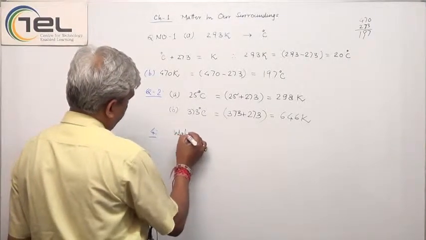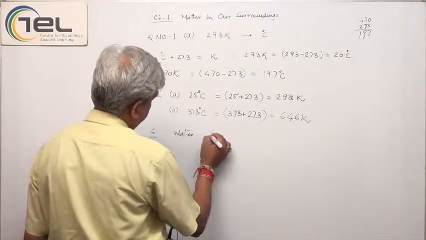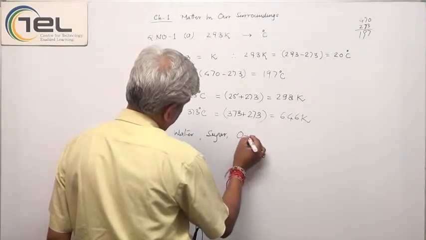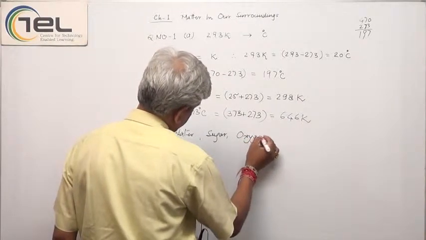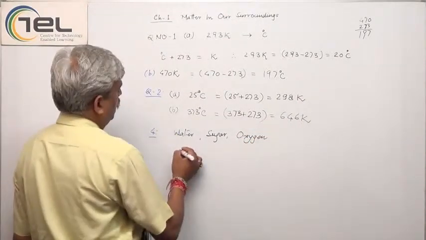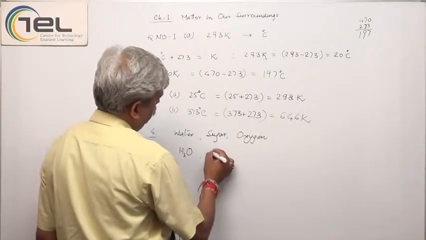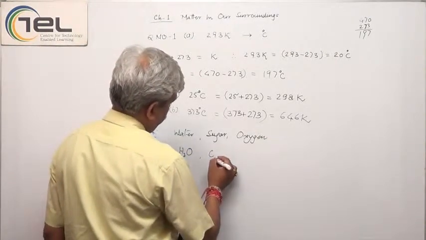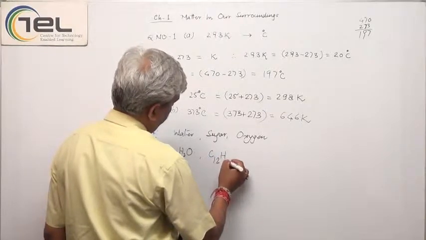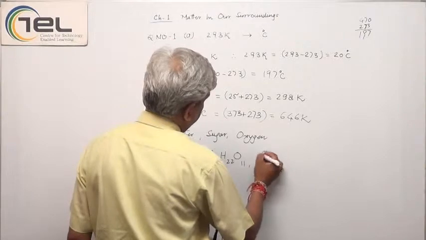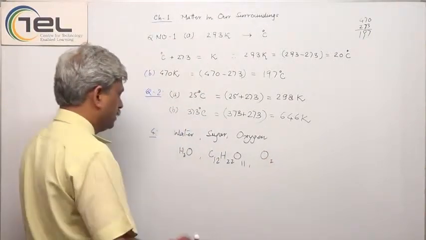One is water, one is sugar and one is oxygen. Water, you know, chemically it is H2O, sugar is C12H22O11 and oxygen is O2.